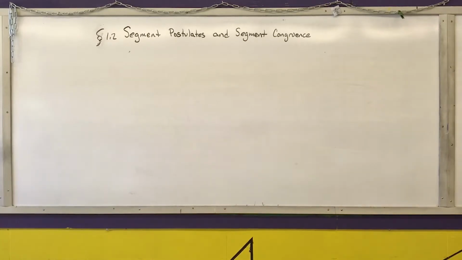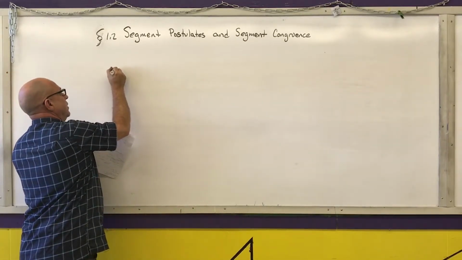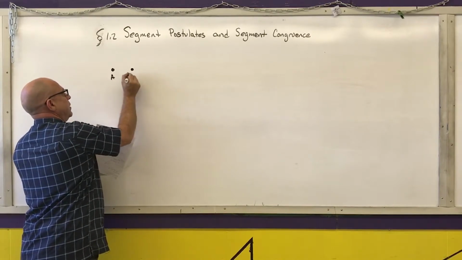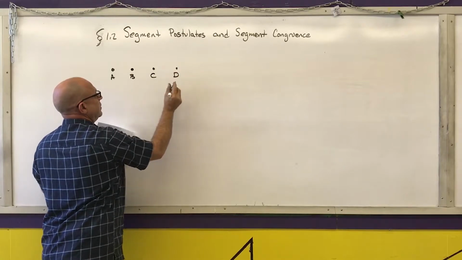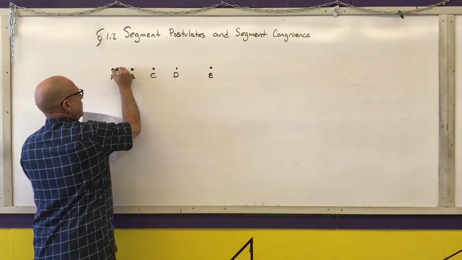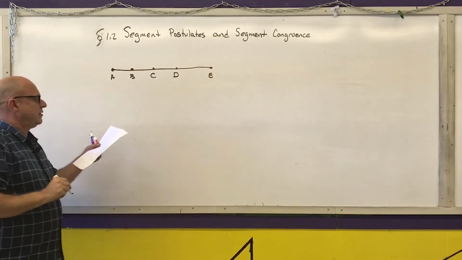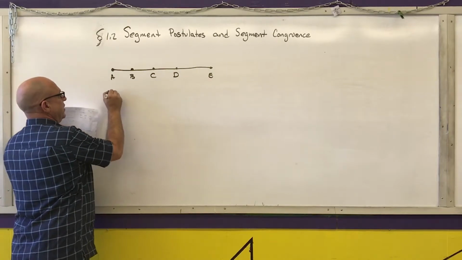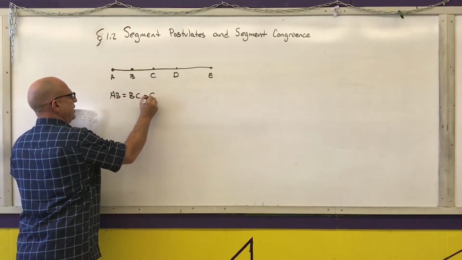Okay? So I have 5 points, A, B, C, and D. Well, 5 points would make an E. They are all collinear. Here's some facts I know. I know that the length of AB is equal to the length of BC, which is equal to the length of CD.